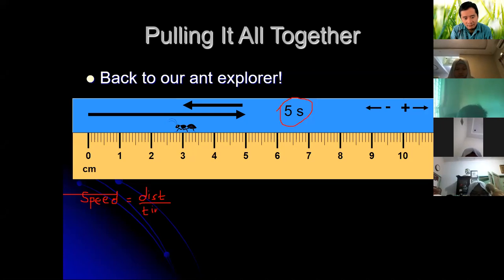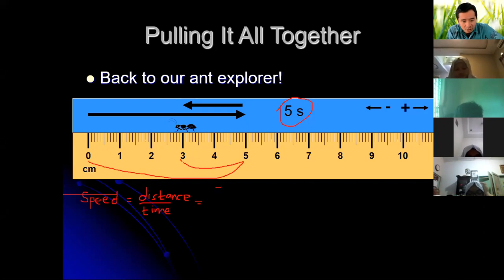Okay. For this entire travel, what is the distance? From 0 to 5 and then go to 3. The distance is 7 centimeters. Good.